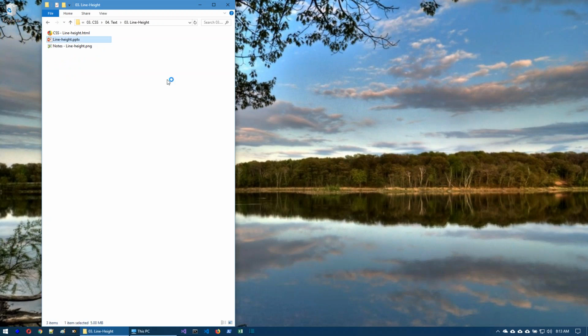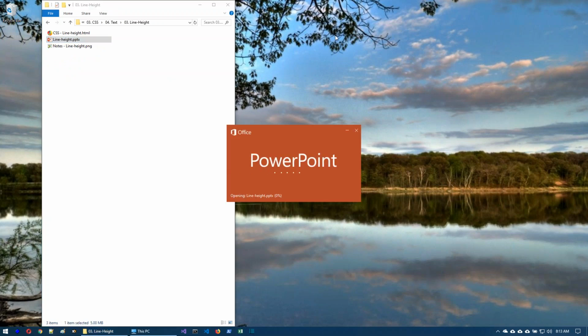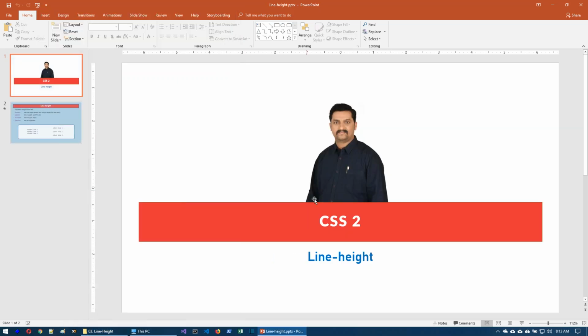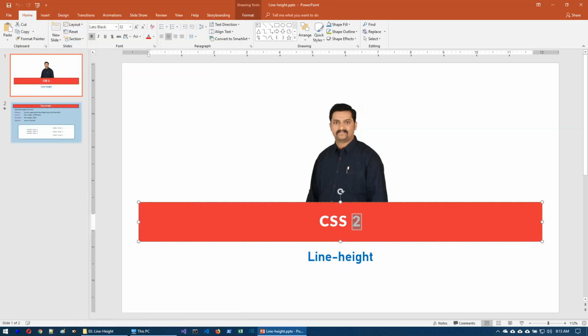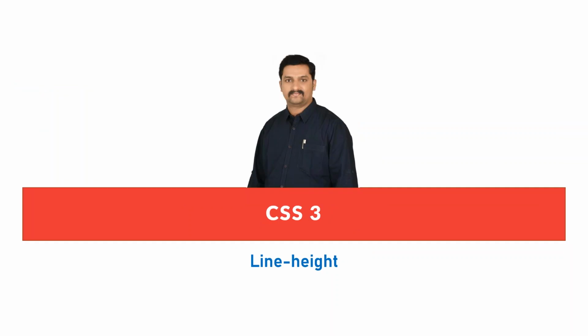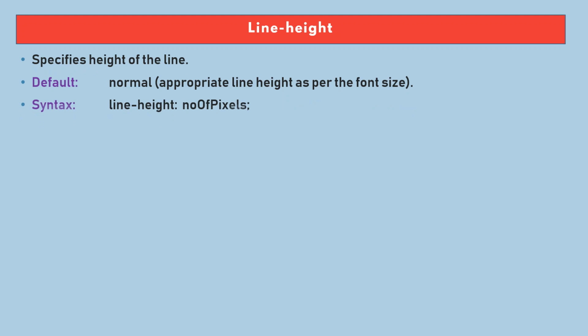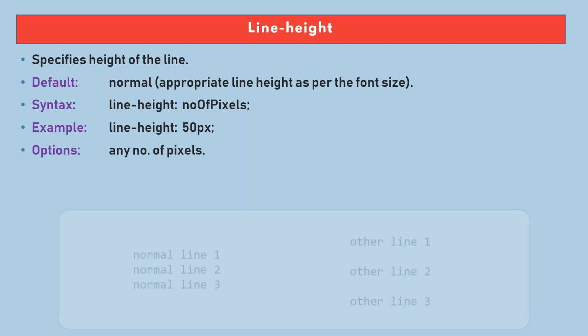Next, line height. Line height specifies the height of the line of text. Line height can be specified in the form of pixels.